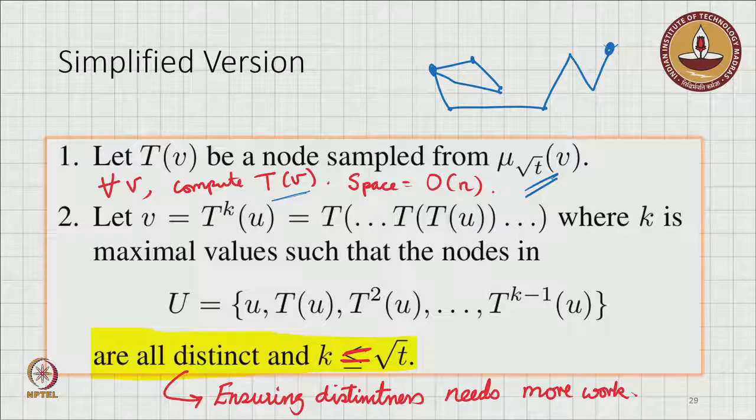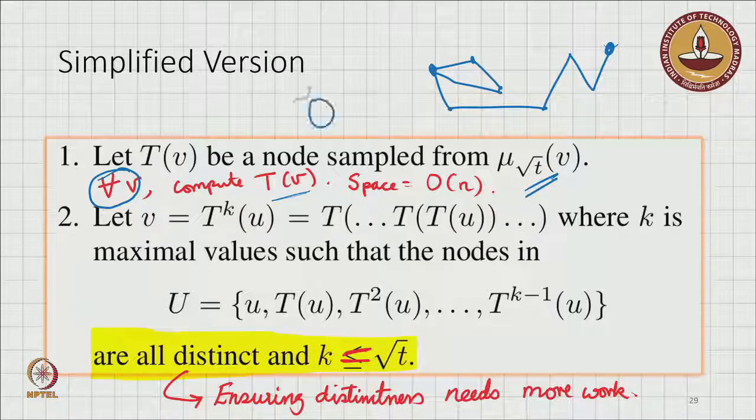Importantly, we'll have to do this for every vertex v. Remember, we have at our disposal some O of n space.